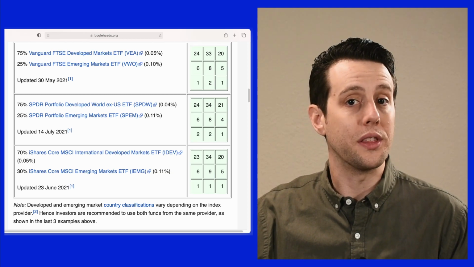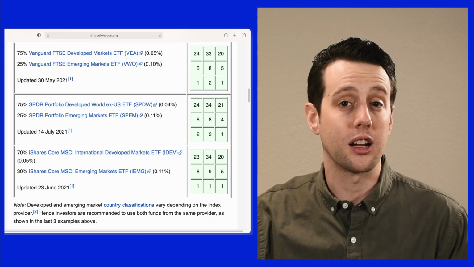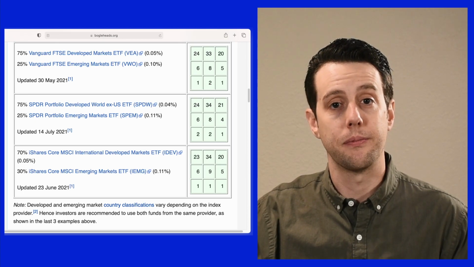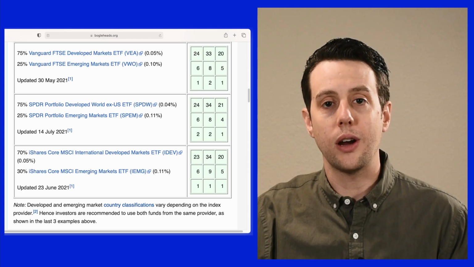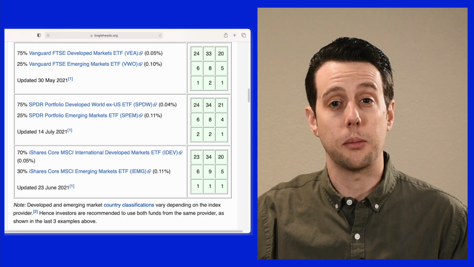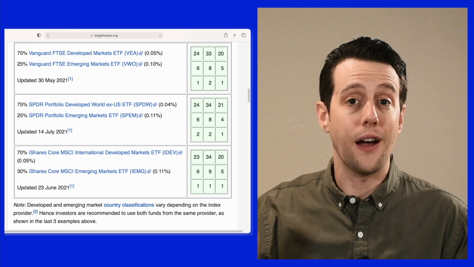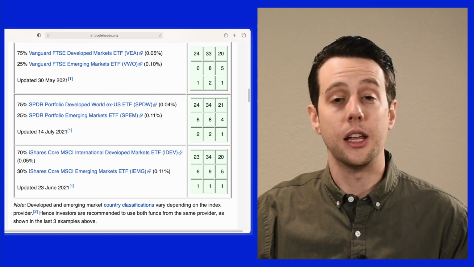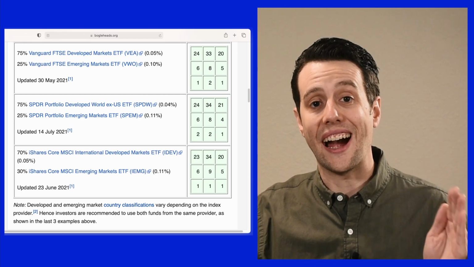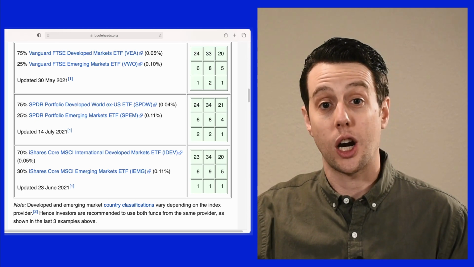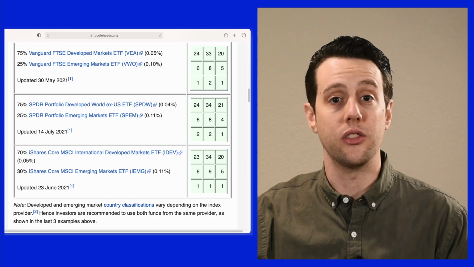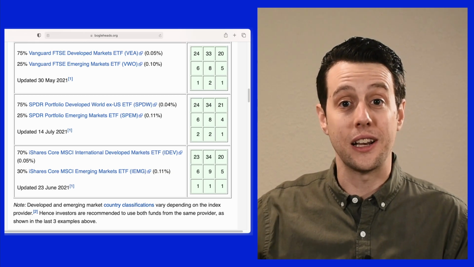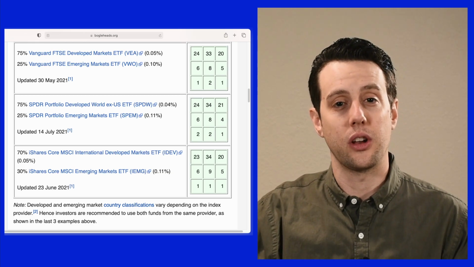The ratio with this one is currently the same as Vanguard at 75% developed and 25% emerging. iShares also has developed and emerging markets ETFs. The Developed Markets ETF is ticker IDEV, and the Emerging Markets ETF is IEMG. These track the MSCI versions of these indexes. The ratio here is a little different, with 70% developed and 30% emerging.